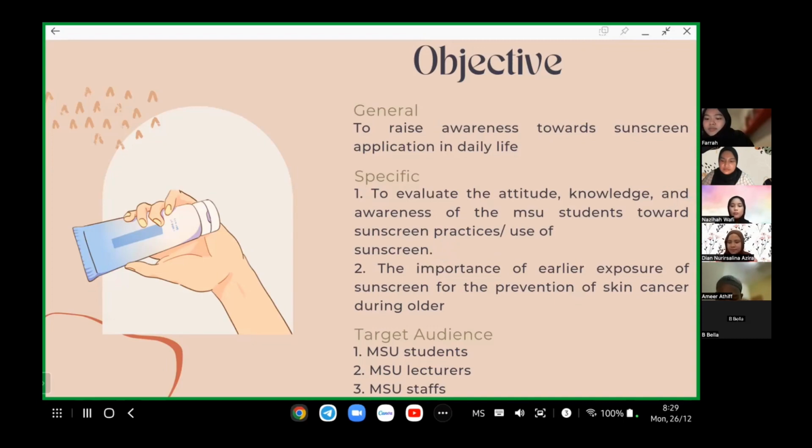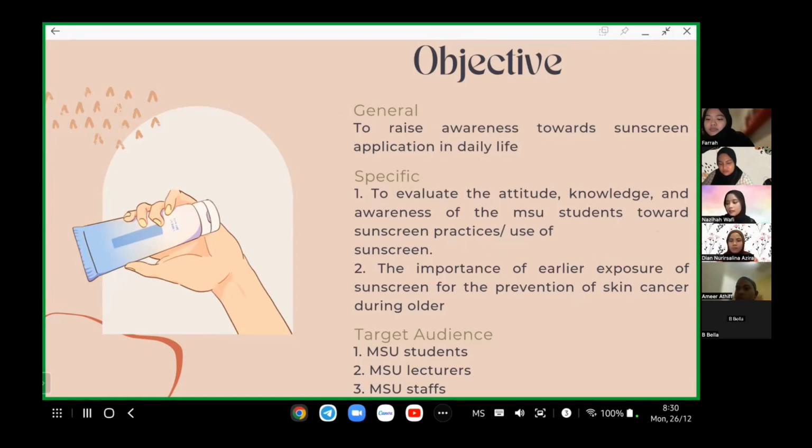These two specific objectives are intercorrelated, whereby we want to evaluate their attitude and knowledge, how they accept this sunscreen usage practice, and also why it is compulsory for us to use sunscreen, or whether it is just some sort of skincare range in our daily life. The target audience for this campaign is MSU students, MSU lecturers and MSU staff.